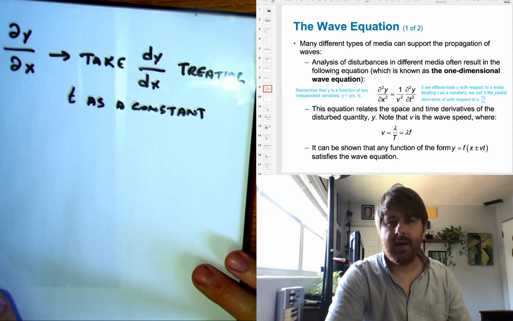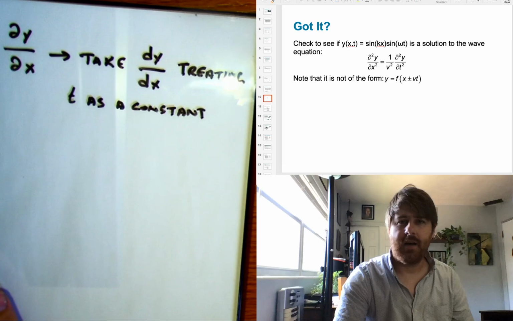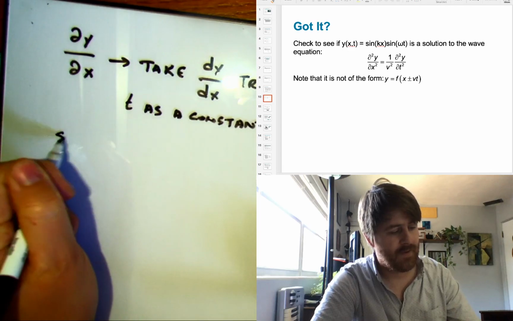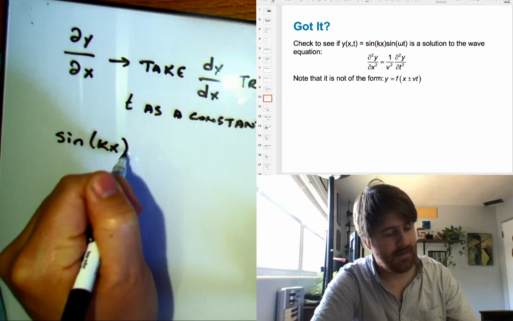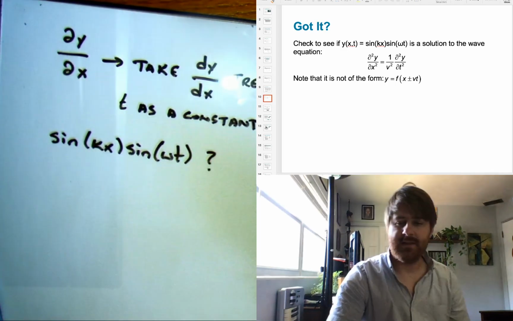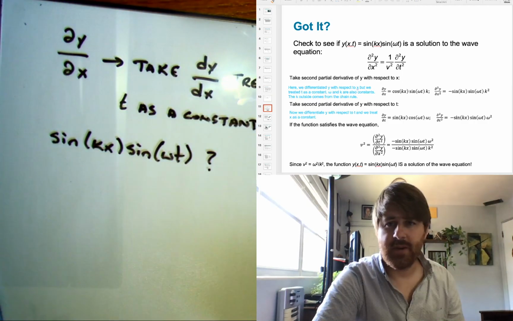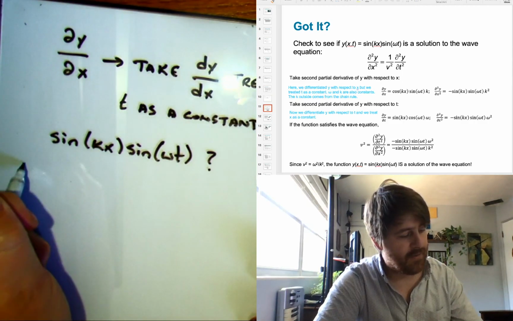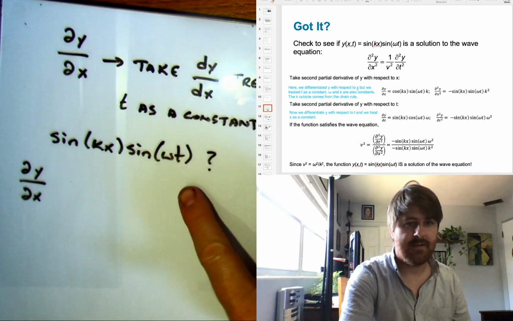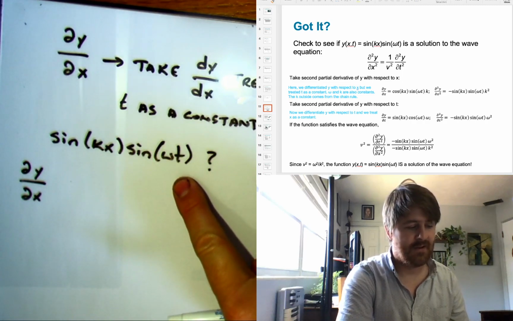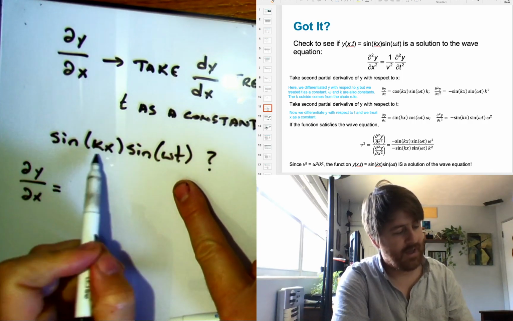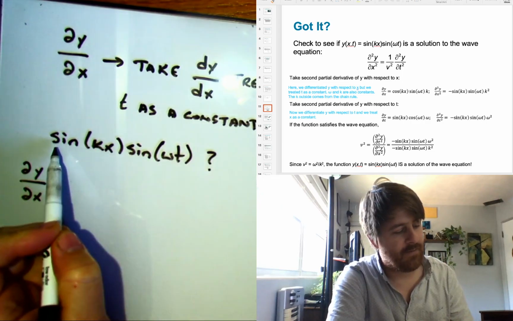Okay, so for example, is this a wave? Sine kx sine omega t. Well, let's try it. Okay, we take the derivative of y with respect to x, treating t as a constant. So that means this whole term is just a constant term. Sine omega t is constant. So when I take the derivative with respect to x here, derivative of sine is cosine.